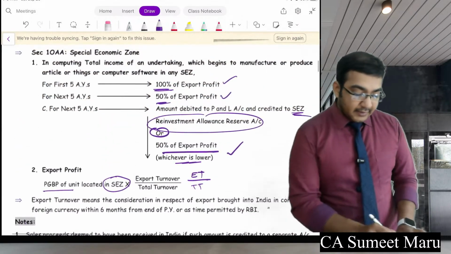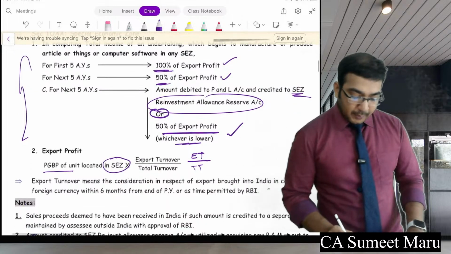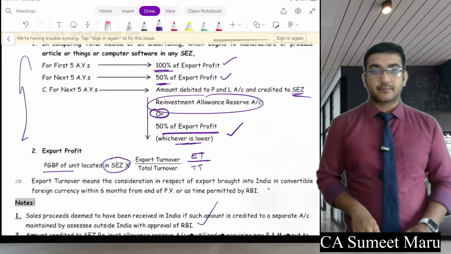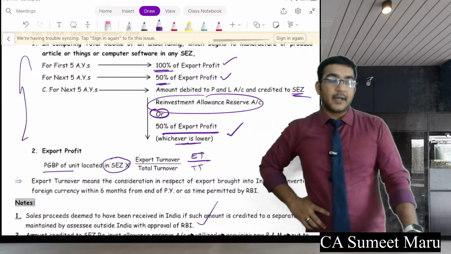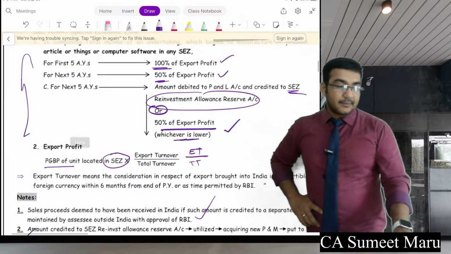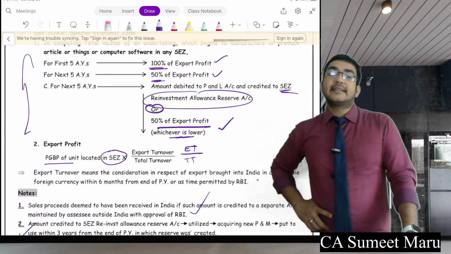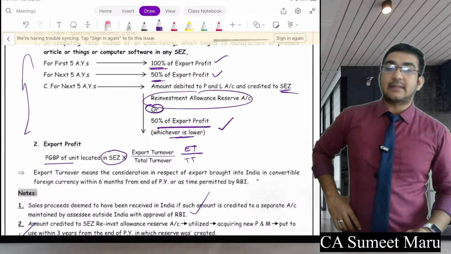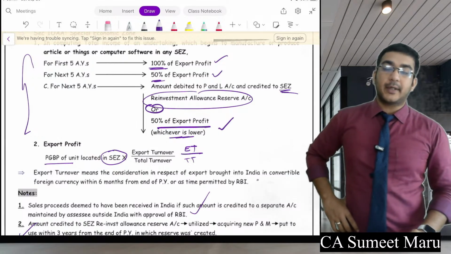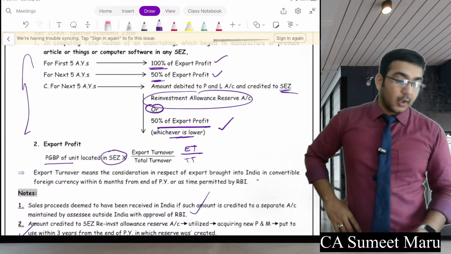Also, whatever sale you do, the proceeds should be received by you within 6 months, or the limit as prescribed by RBI. So this is the last exempt income section, which is given to companies which have been incorporated in a special economic zone. Why?